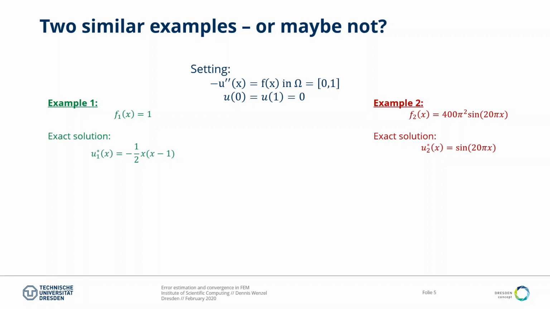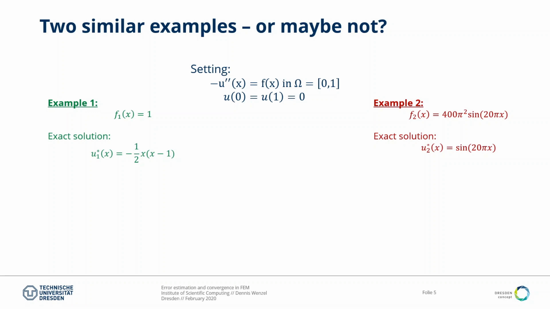And here on the right-hand side, I started with the exact solution and I computed the right-hand side f such that it fits into the partial differential equation. That's also very common. When you want to talk about errors, it's usually necessary to know the exact solution.